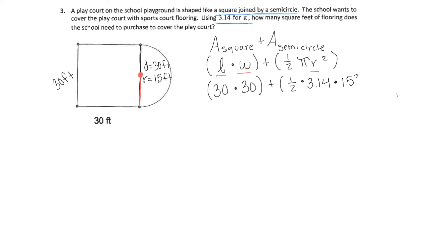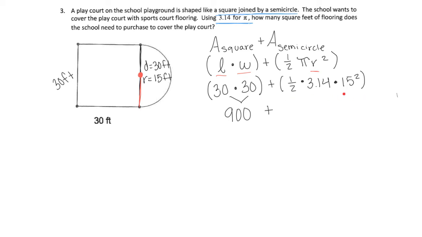And so now we have 15 squared. So in your calculator, we are going to calculate the area for both of these shapes. Here we have 30 times 30, and that is going to give us 900 plus 1/2 times 3.14 times 15 squared.